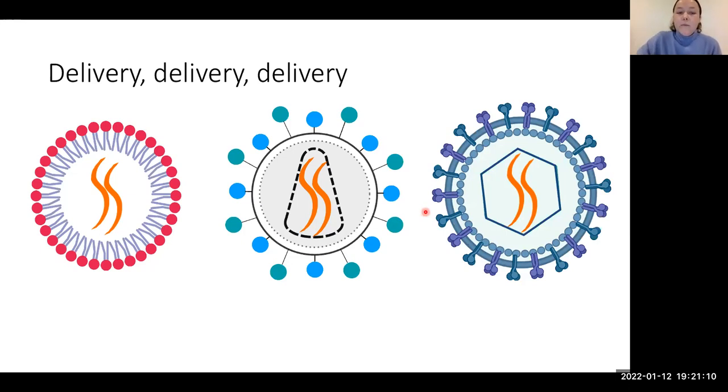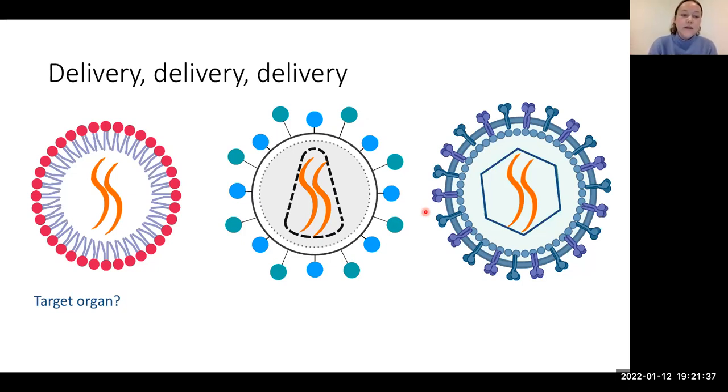So when we have these options available to us as a scientist, you've got to go through the pros and cons of the different systems. And some of the considerations that we have is, where are we trying to target? Which part of the body are we trying to deliver the gene to? Is it the lungs? Is it the liver? And that really depends on where this protein has its function.